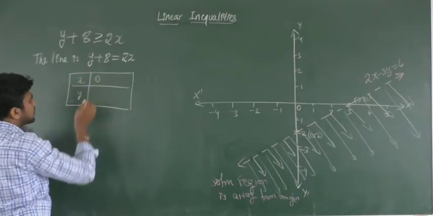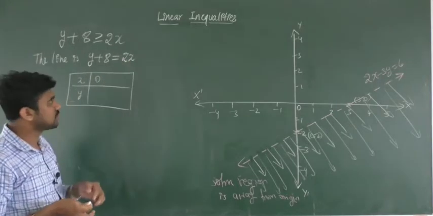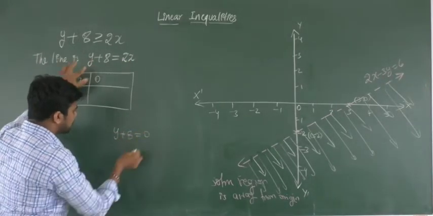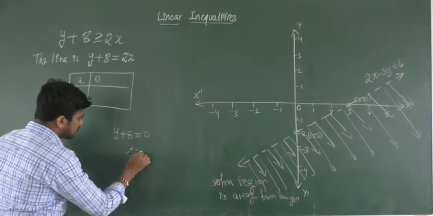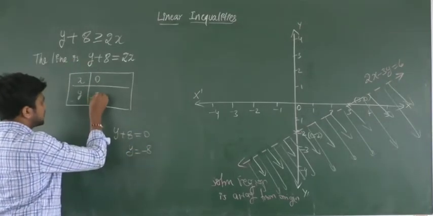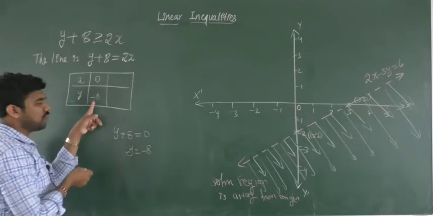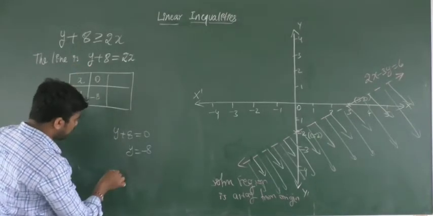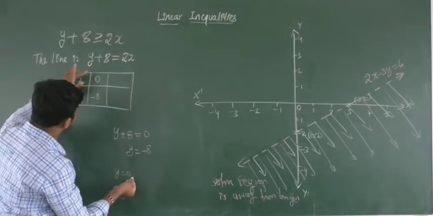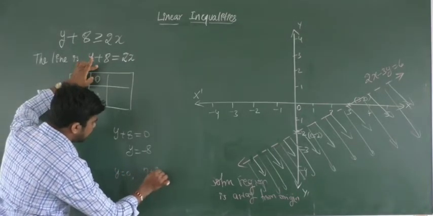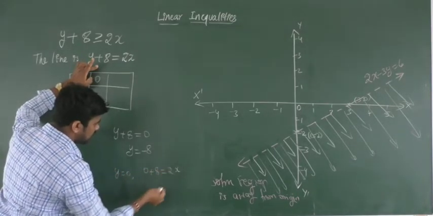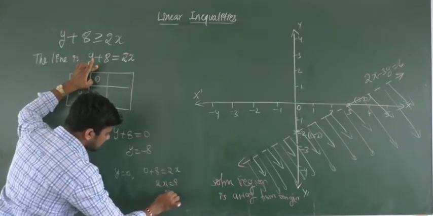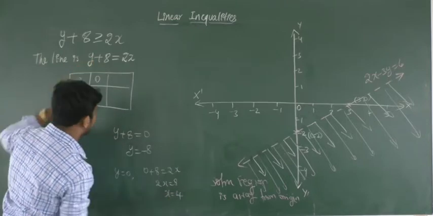When x is equal to 0, y plus 8 is equal to 0, which means y is equal to minus 8. When x is equal to 0, y is equal to minus 8. Similarly, when y is equal to 0, what will we get? 0 plus 8 is equal to 2x, or we can say 2x is equal to 8, x is equal to 8 by 2, that is nothing but 4.